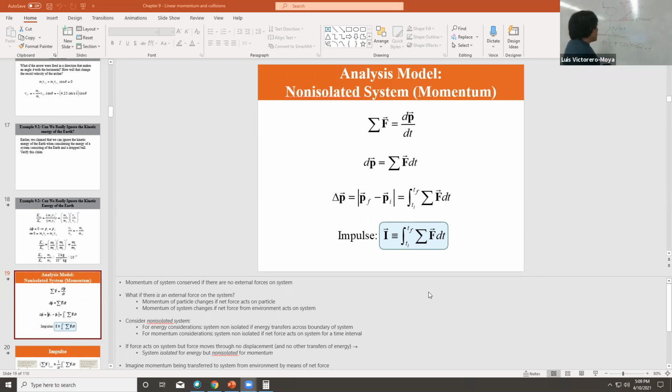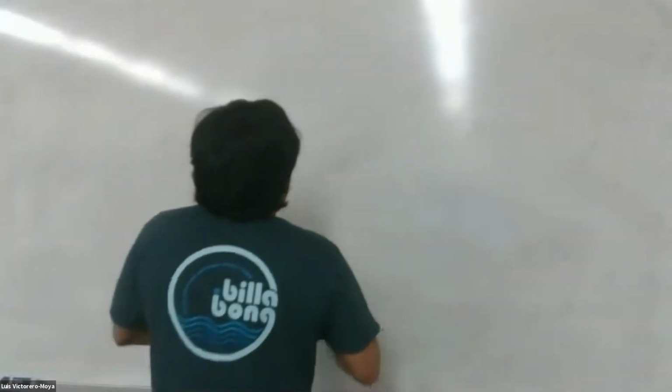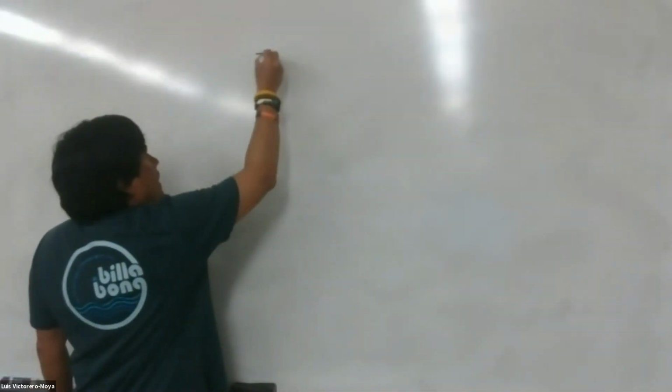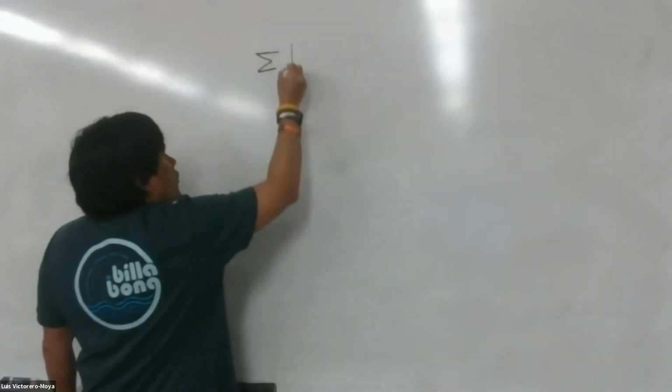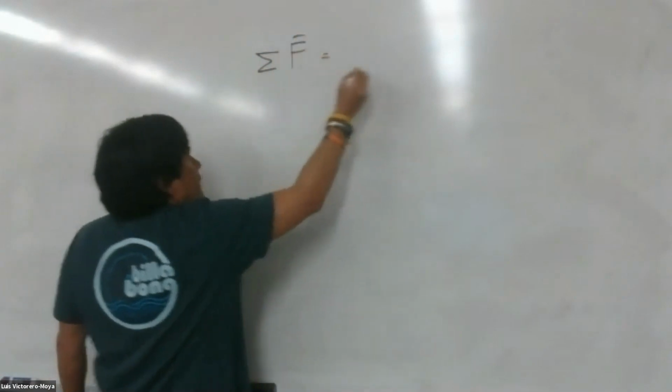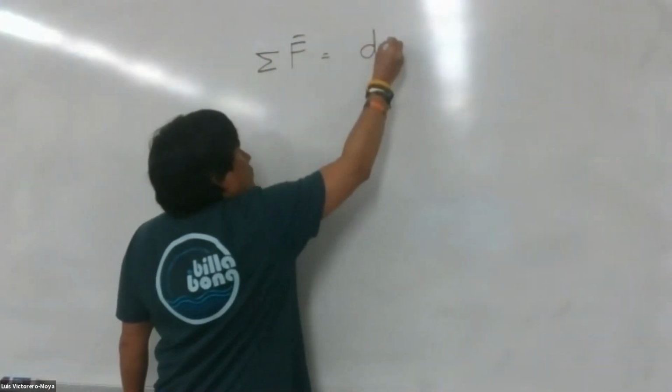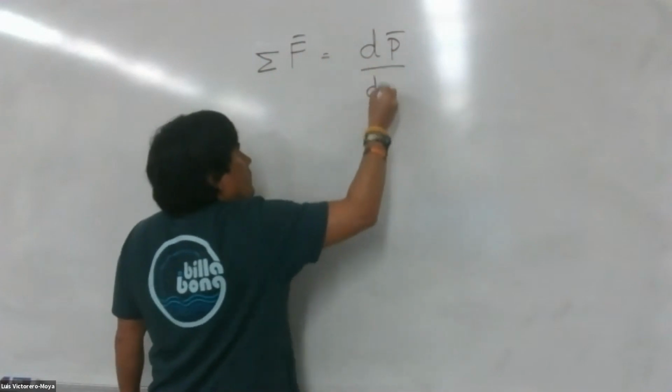So if I do the algebra, I can move the differential of time to the right-hand side, as they show you in the slides, and then you can perform an integration, right?